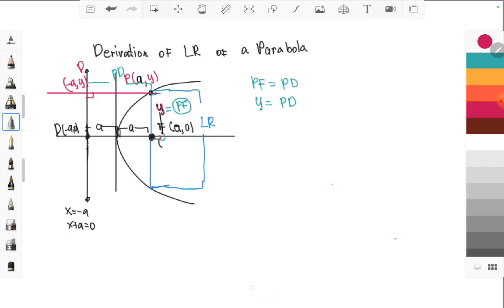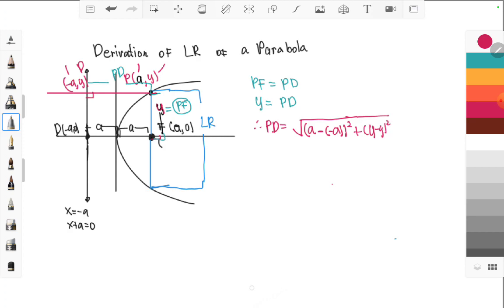What is my PD? Of course my PD is equal to the square root of the x value, A minus negative A, squared, plus Y minus Y squared, which is just equal to 0.